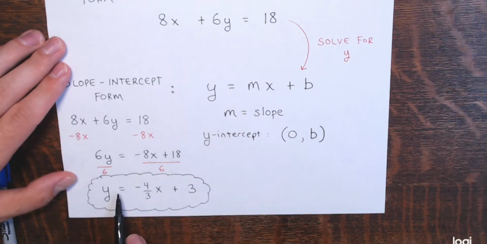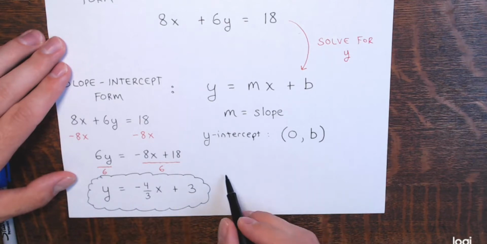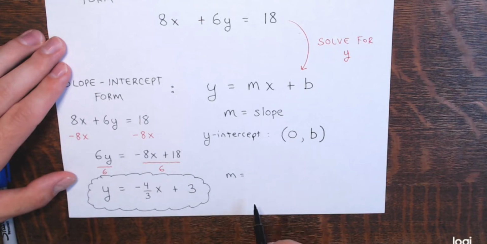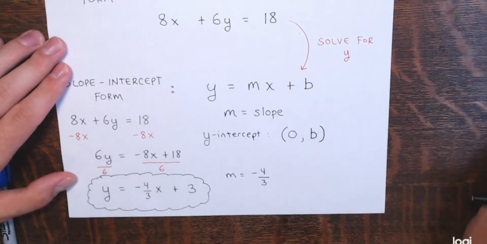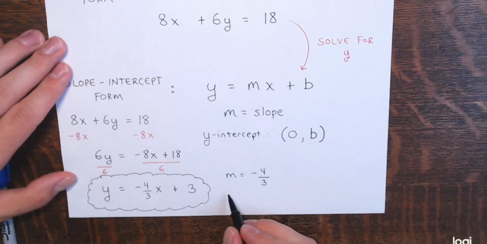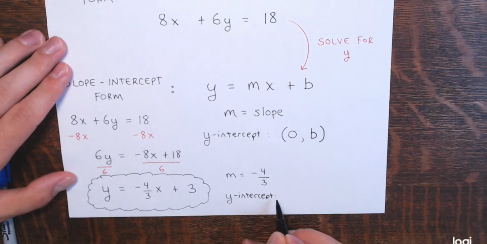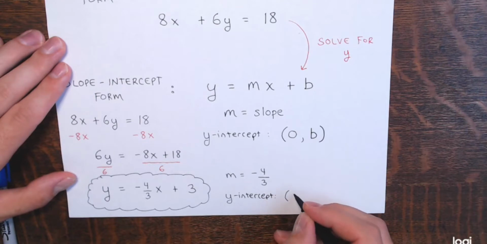y equals mx plus b. So the slope, the lowercase m here, is the coefficient of x. It would be negative 4/3. Negative 4/3 would be the slope of this line. And the y-intercept is the point of the graph that's on the y-axis, so it always has an x-coordinate of 0.